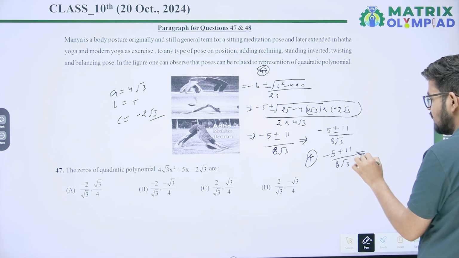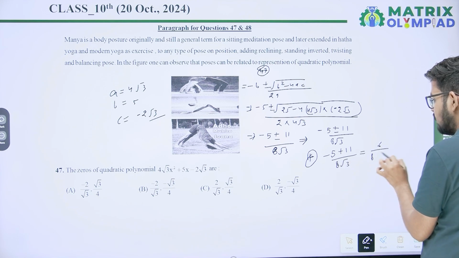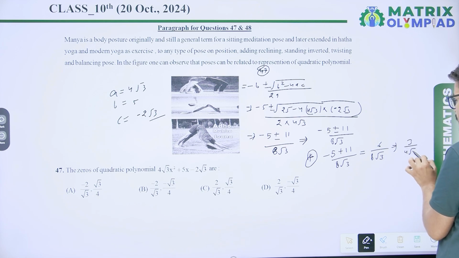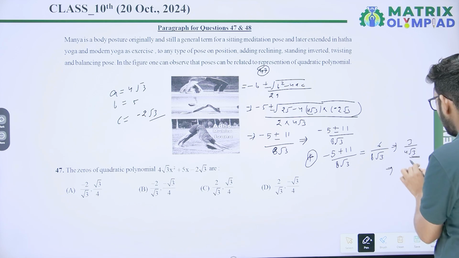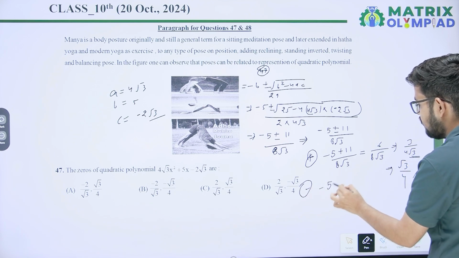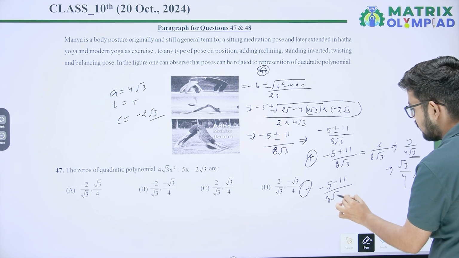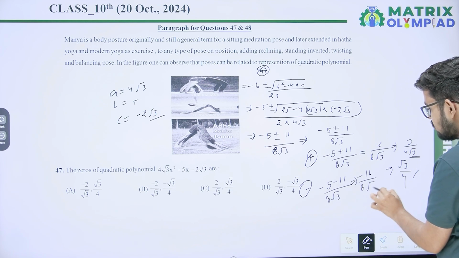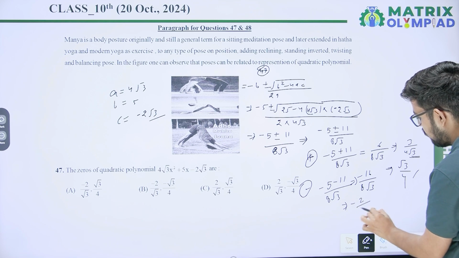So you will get 6 upon 8 root 3. That means 3 upon 4 root 3. Okay, and it will be root 3 upon 4. When you are taking minus, you will get minus 5 minus 11 upon 8 root 3, that is minus 16 upon 8 root 3. So you will get minus 2 upon root 3.